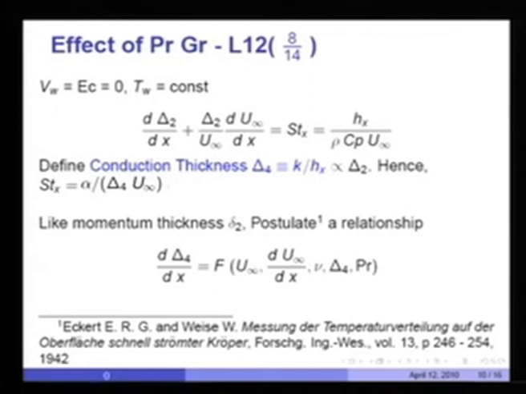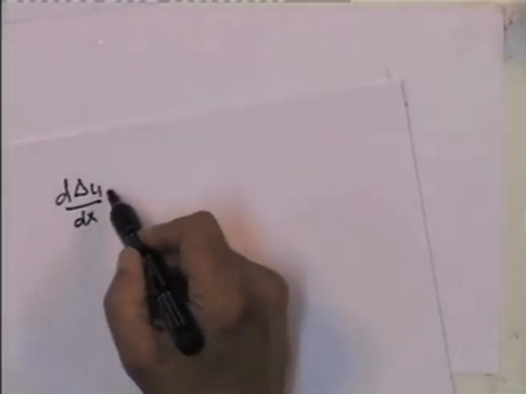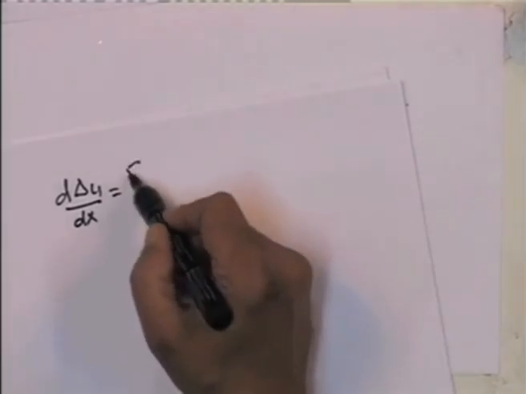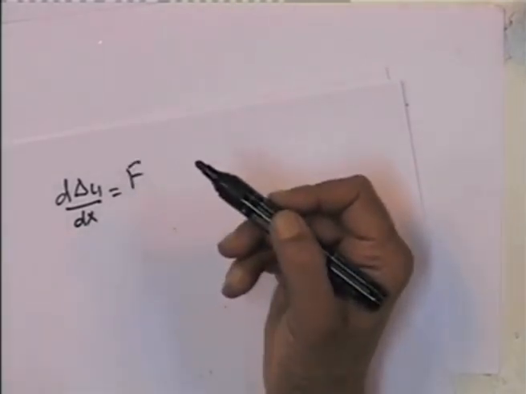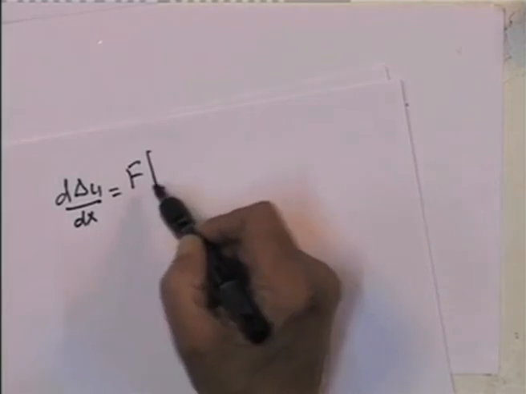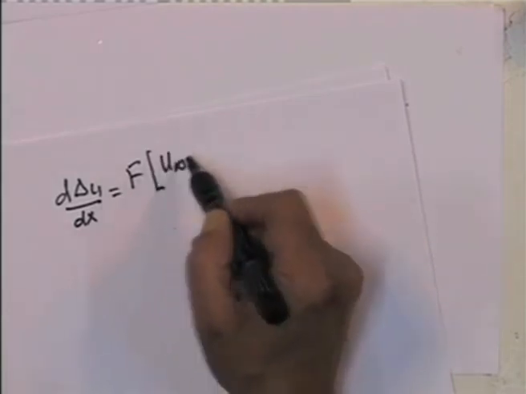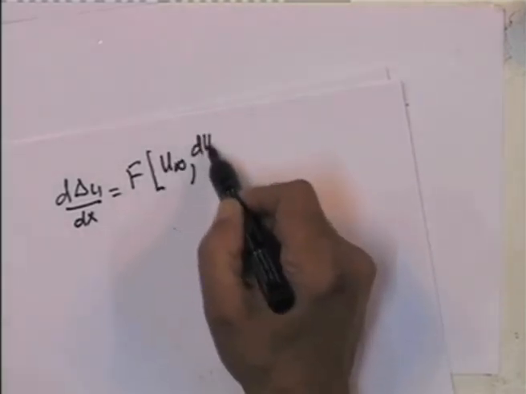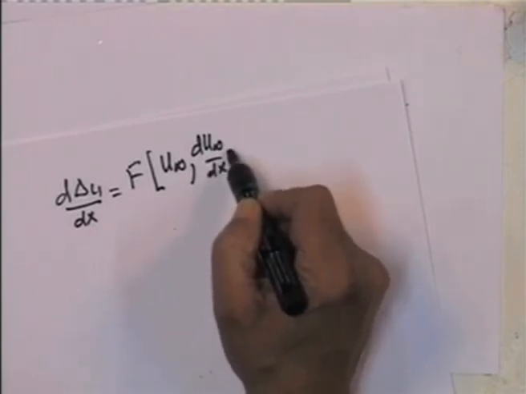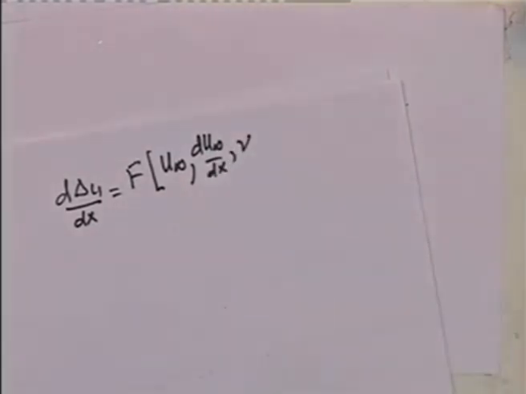the rate of growth of conduction thickness, d delta 4 by dx, will be first of all governed by the rate of growth of momentum thickness delta 2, which in turn was governed by u infinity, du infinity by dx, and nu.